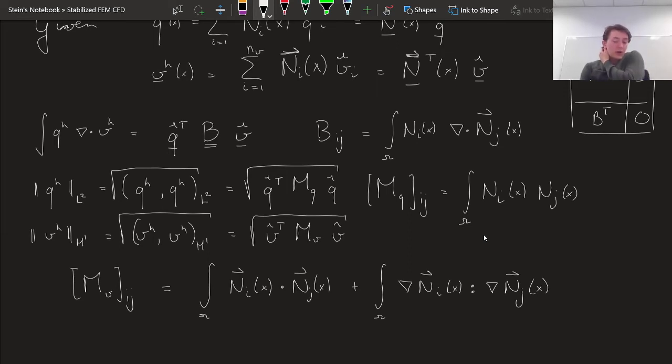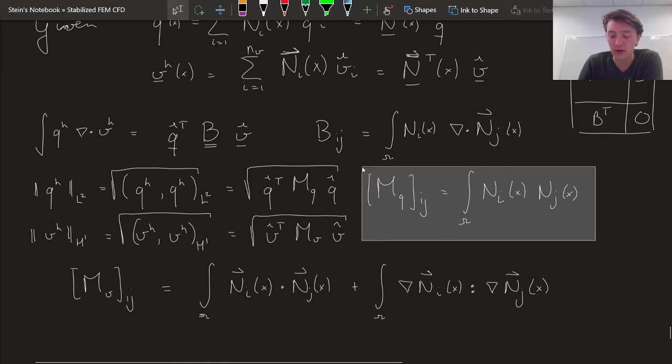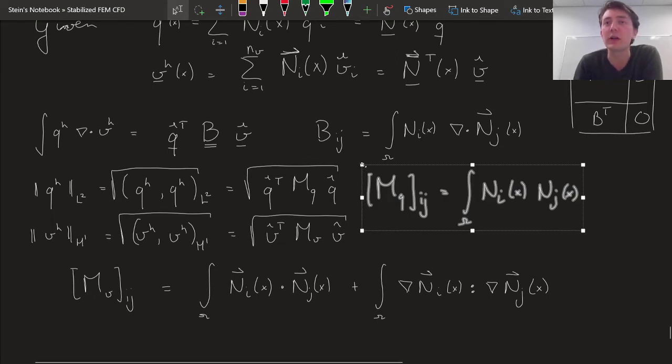Yeah, so for each i and j, we have a fixed basis, so we can simply compute the values corresponding to each one of these integrals, and if we do that, then we obtain the mass matrix corresponding to the H1 norm. So typically when we talk about the mass matrix, then we think of something along these lines, but in fact that's really just the L2 mass matrix.